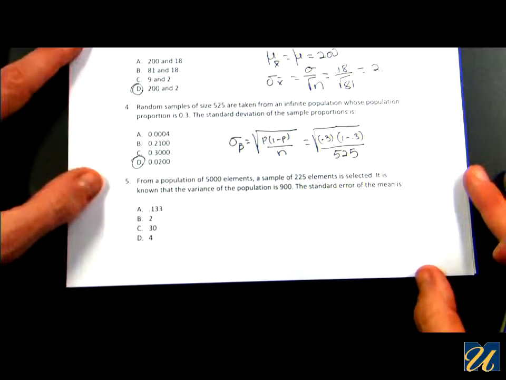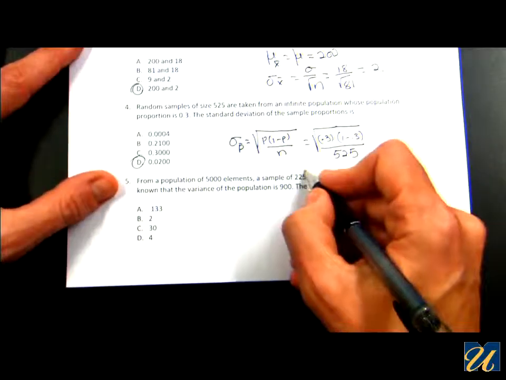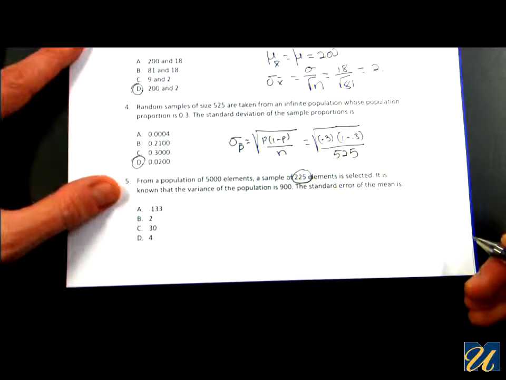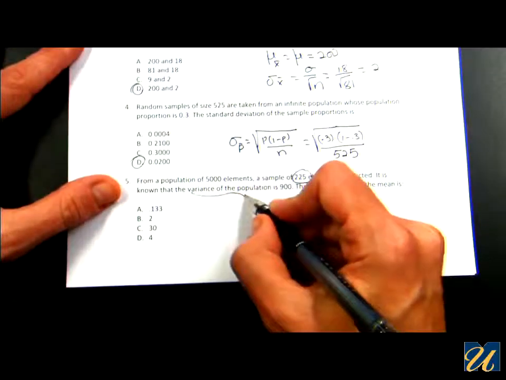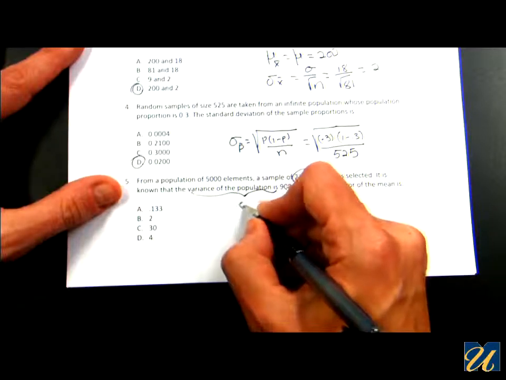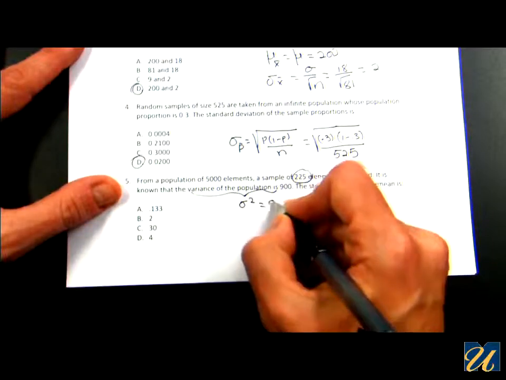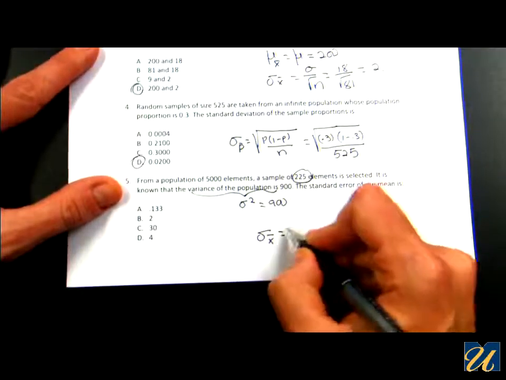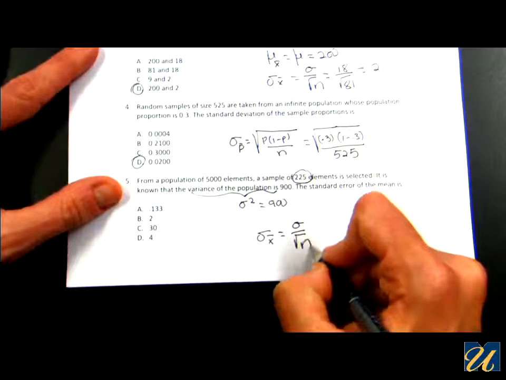From the population of 5,000 elements, a sample of 225 elements is selected. It is known that the variance of the population is 900. That means that sigma square is equal to 900. I'm looking for the standard error of the mean. Sigma x bar is equal to sigma over square root of n.